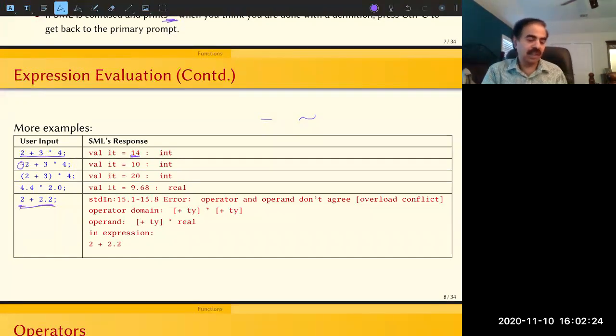So it's happy to add 2 real numbers, it's happy to add 2 integers, but it doesn't want you to mix integers with reals because it considers that to be a programming error, and that's why it complains. Okay. Fortunately, this particular error is something that you're probably not going to see much of because pretty much everything that we will do will be with integers and not real numbers.